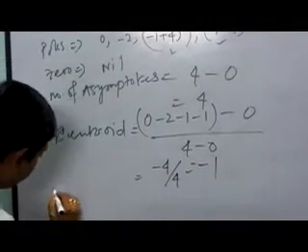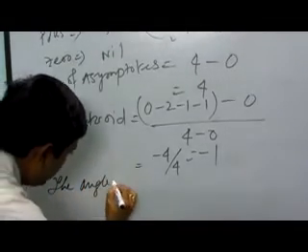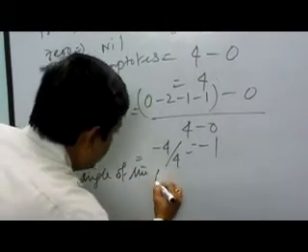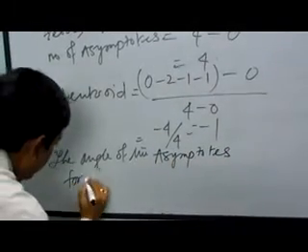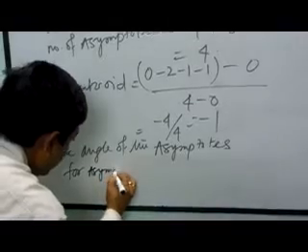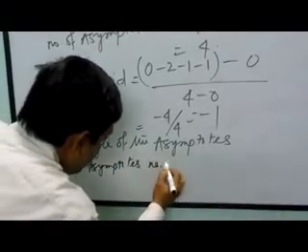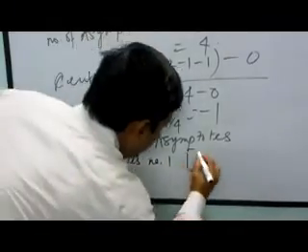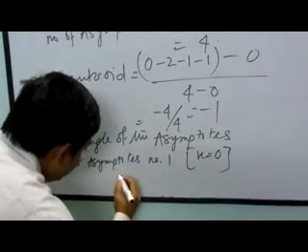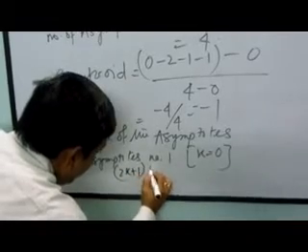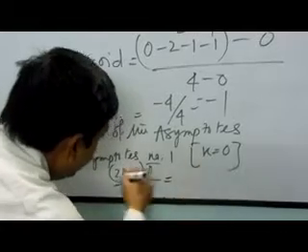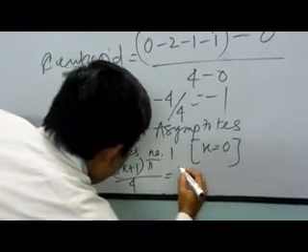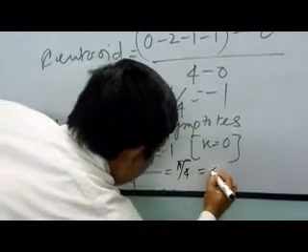Now the angle of the asymptotes. For asymptote number 1, k equal to 0. The angle is (2k plus 1) into pi divided by number of poles minus number of zeros, that is 4. If k equal to 0, then the angle becomes pi by 4, that is 45 degree.